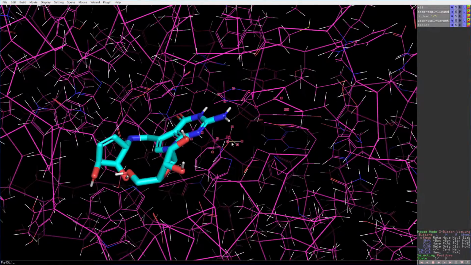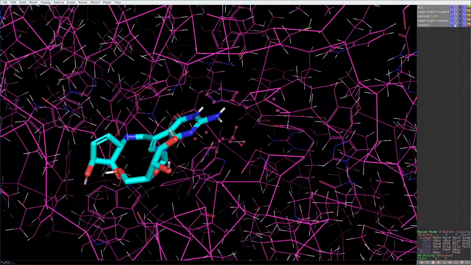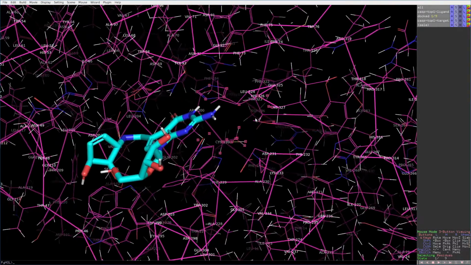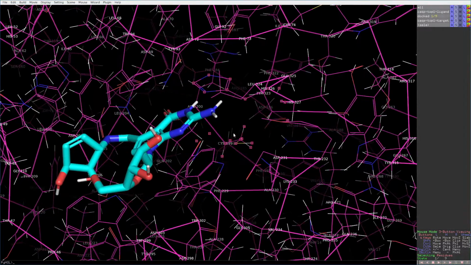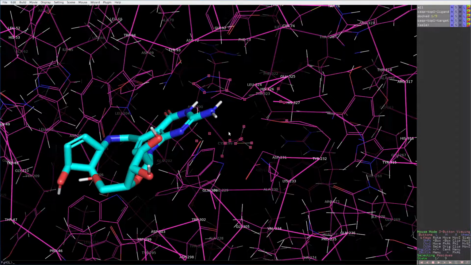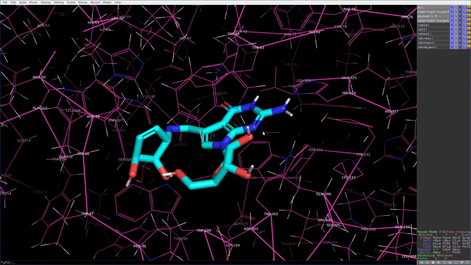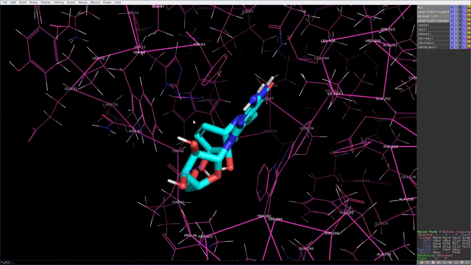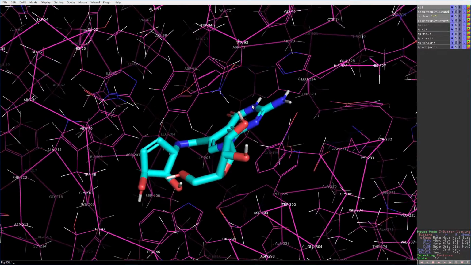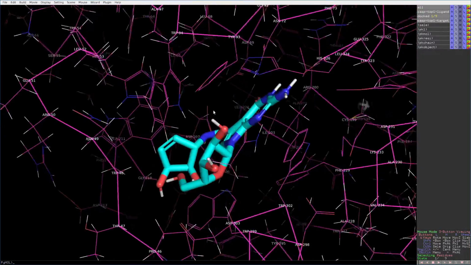And there's that cysteine that was mutated. The hydrogen bonding doesn't look super great. It's nice that that's packed there.